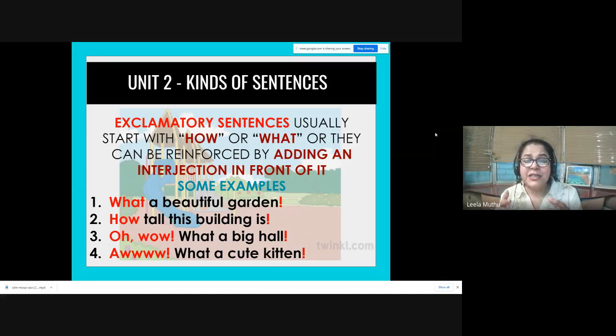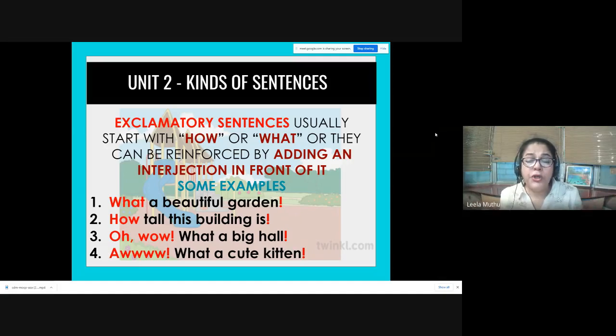You're just showing your emotion at something that you're seeing. So in these sentences, the interrogative words what, how, etc. are used to express an emotion but not to ask questions. These sentences end with exclamation marks.